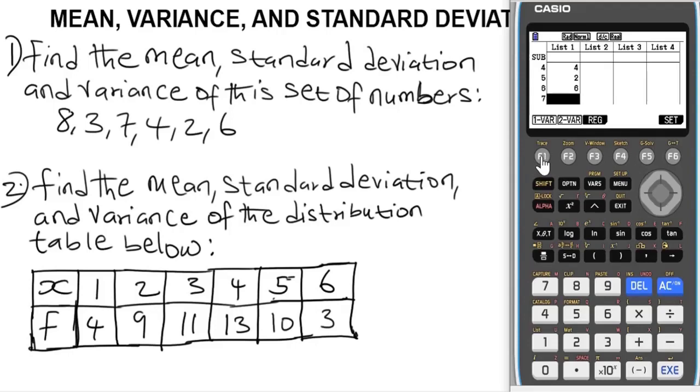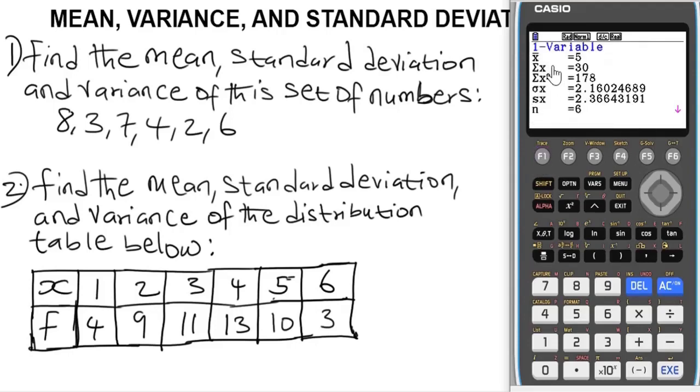Let's press F1. As you can see, we have the mean to be 5. We have the standard deviation to be 2.16. Now, the x with the sigma and the one with the s are for population and sample standard deviation. The one I'm going to work with is the main one, the one that does not involve the x with the s.